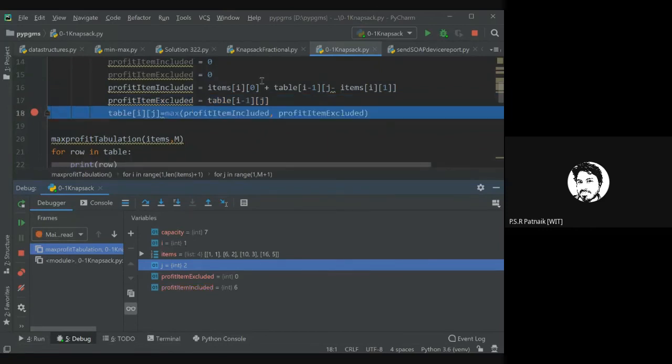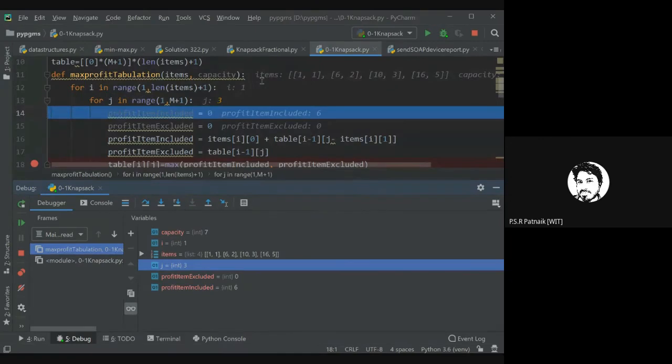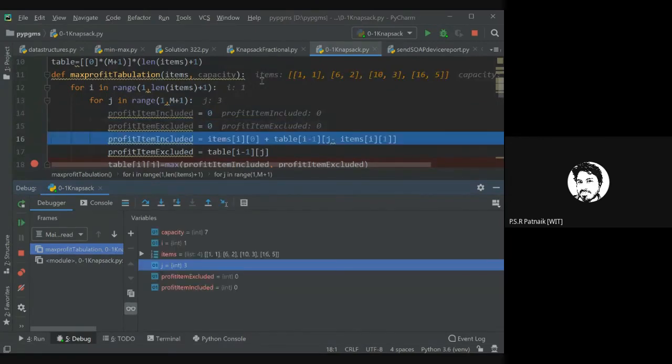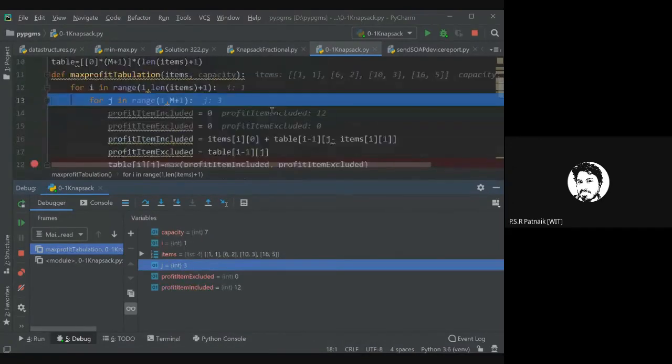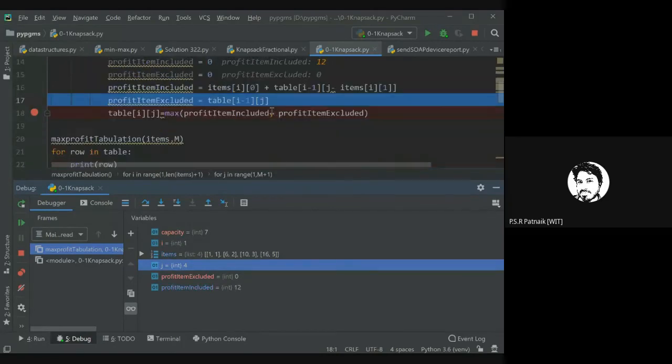Profit item excluded, I get 6. I keep on repeating this till I reach all the cells, till j reaches 7. Okay, j is equal to 3, j is equal to 4. Profit item included is equal to 12.